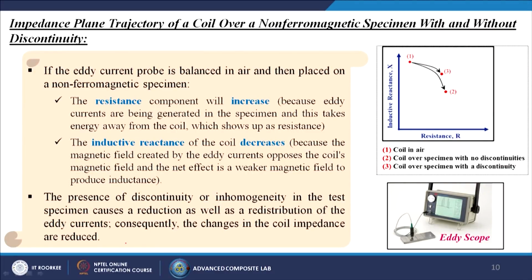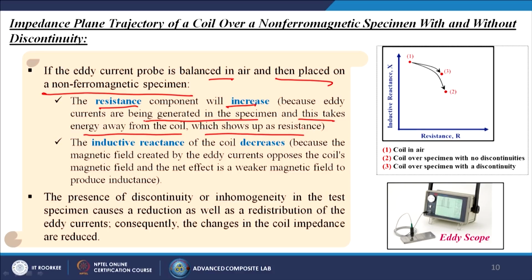Now, the impedance plane trajectory of a coil over a non ferromagnetic specimen with and without a discontinuity. If the eddy current probe is balanced in air and then placed on a non ferromagnetic specimen, the resistance component will increase because eddy currents are being generated in the specimen and this takes energy away from the coil, which shows up as resistance.